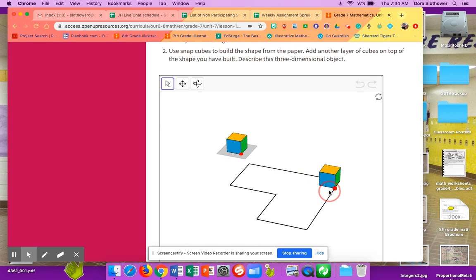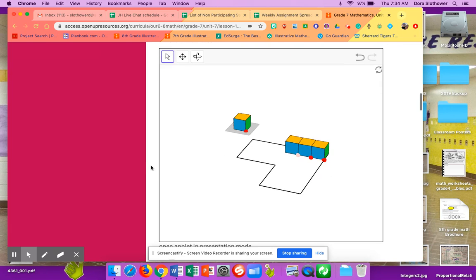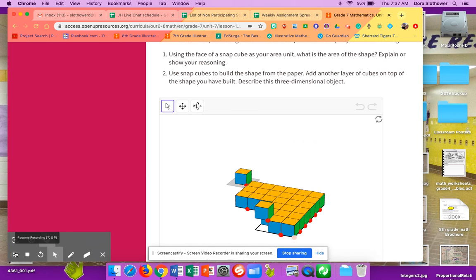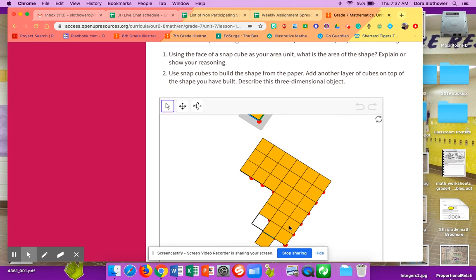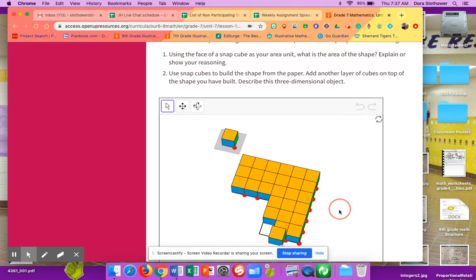So take and move the cubes until it's all full. Okay, so I put all my snap cubes on there. Oops, it looks like this one got away. All right, and I flipped this up because I was having struggles with getting these together properly.